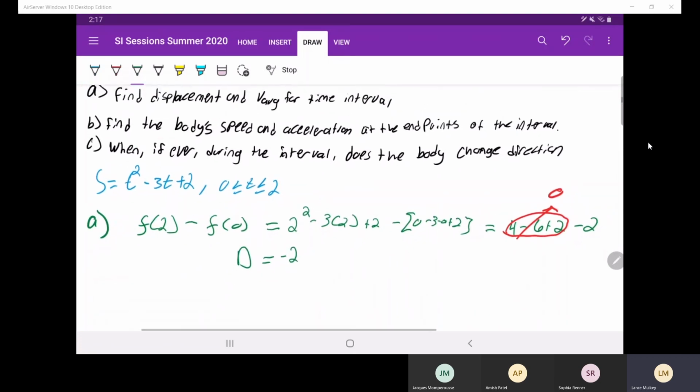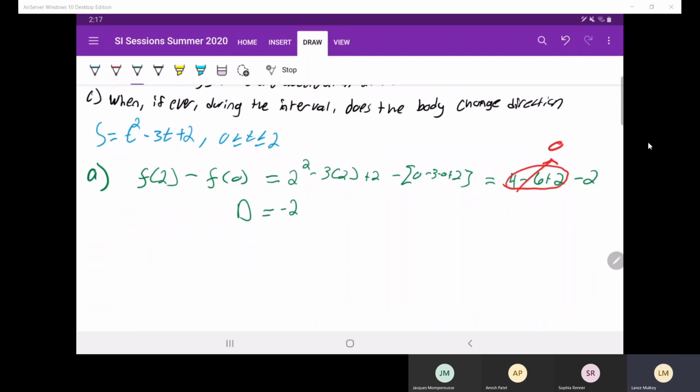So for v average, v average equals the displacement, which is f of 2 minus f of 0, over the time interval. So now we're solving for average velocity, which equals, we already know this equals negative 2, over 2, which equals negative 1.